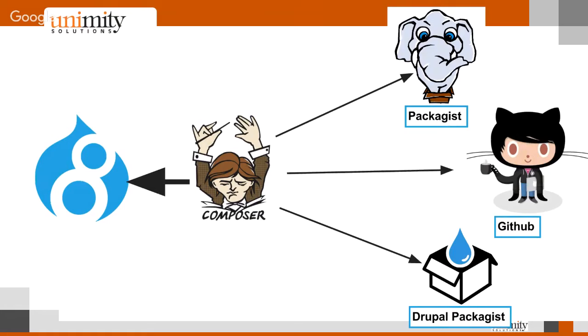So how does Composer handle Drupal dependencies? Each Composer project has a minimum of 2 files. Among them, composer.json is the required file and composer.lock is optional. In the composer.json file, it defines all the required libraries and where to get them from to download into our system.